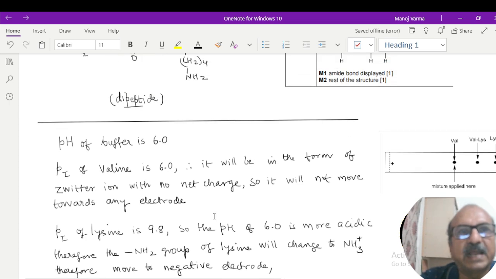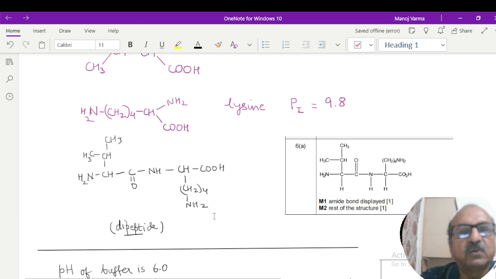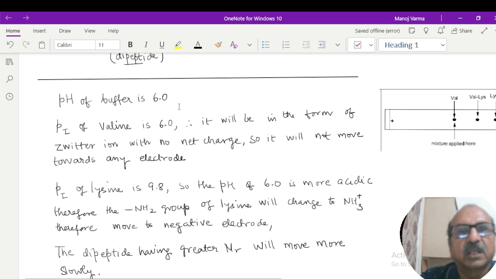So if it is more acidic, then if you look at lysine, this will accept a proton and change into NH3+. That means it will become protonated and it will develop a positive charge. So more acidic, therefore NH2 group will change to NH3+ and therefore it will move to the negative electrode.